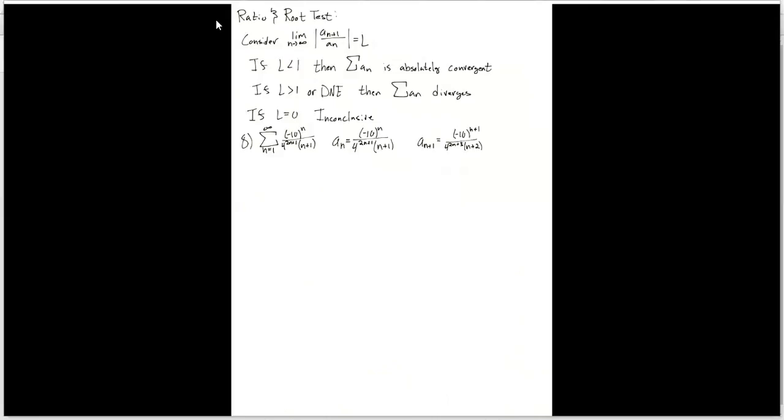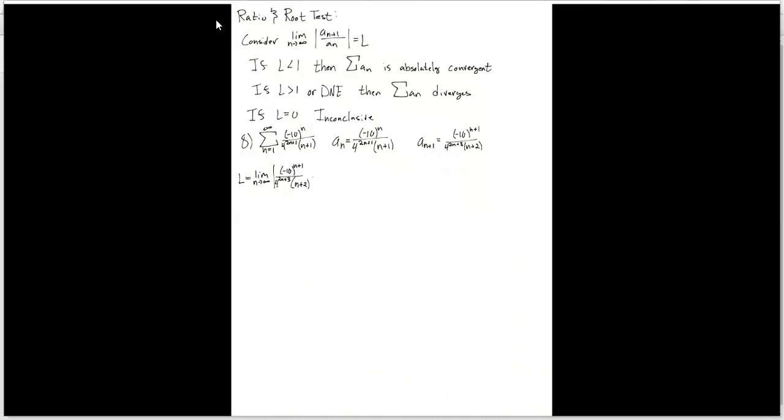All right, so our L is our limit as n goes to infinity. And we've got our a_(n+1) here, so we've got negative 10 to the n plus 1 over 4 to the 2n plus 3 times n plus 2.